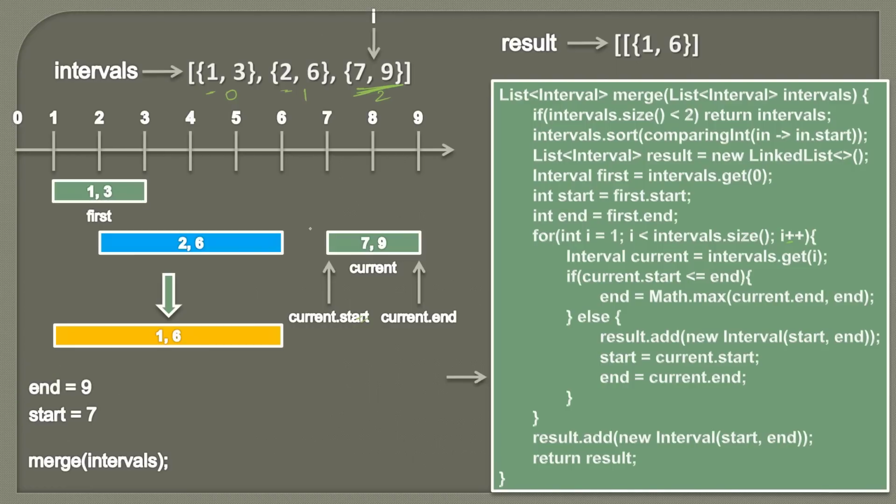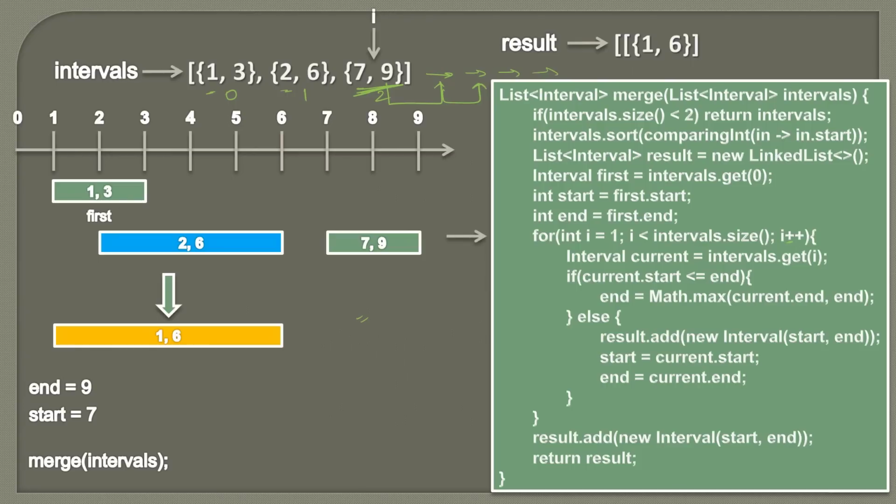So this is now our fresh interval, and if there are more intervals after 7, 9, this 7, 9 will be compared with those intervals, and the intervals that are already merged and added to the result list we don't touch now. Moving ahead.